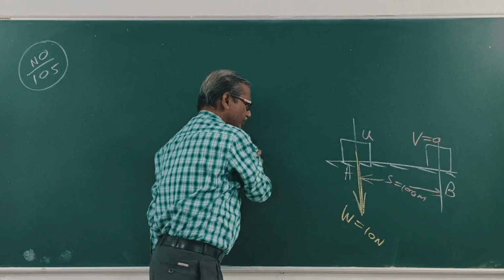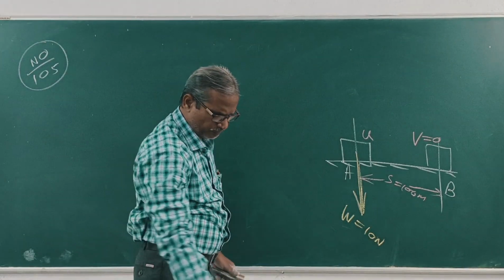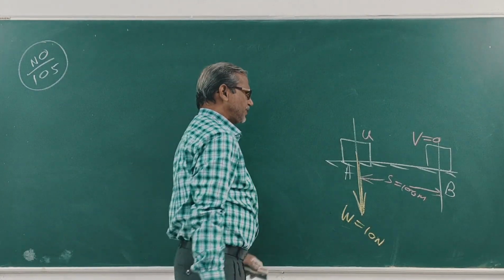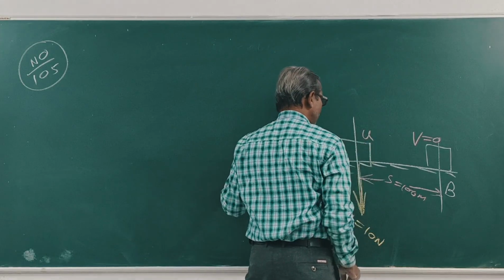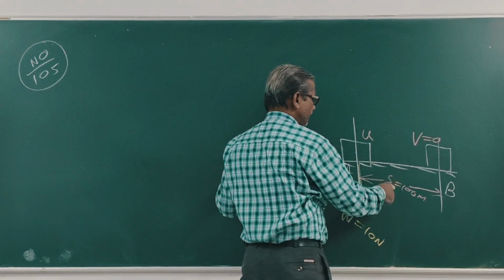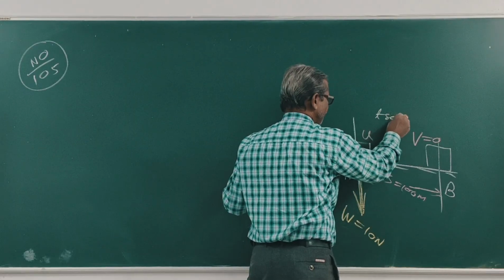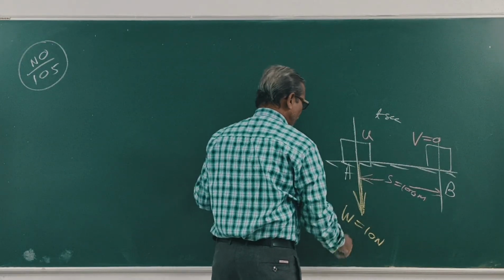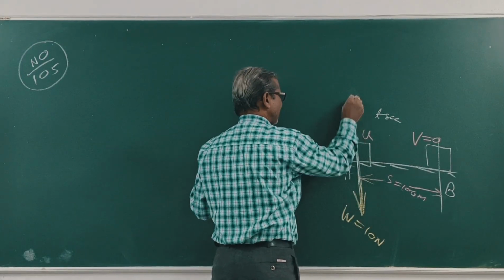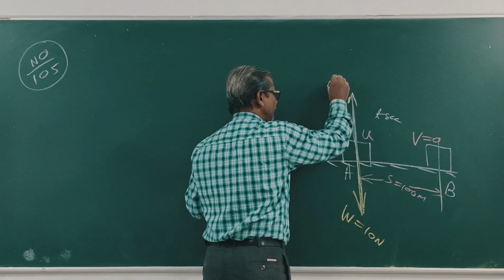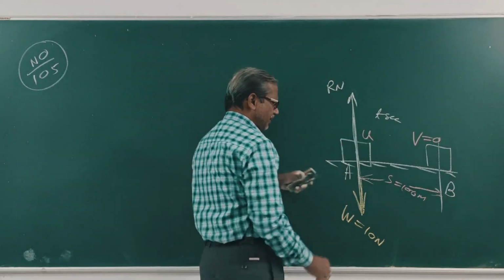So this is U, S, B, time taken about T seconds. So this is weight W, so normal reaction Rn. Again the block moves towards right, so friction acts opposite to the motion of the body.